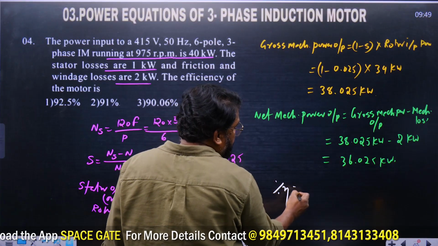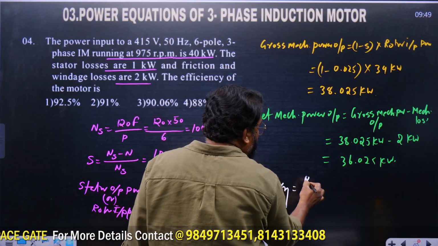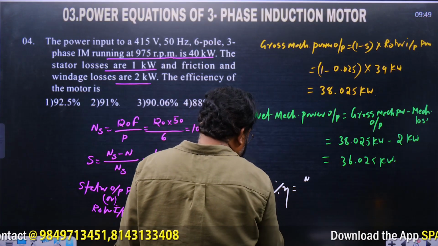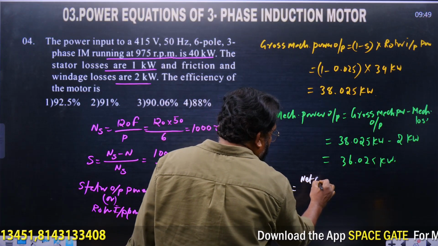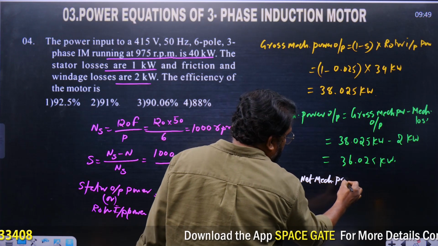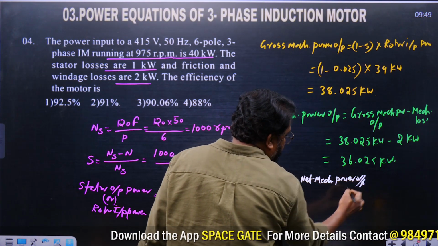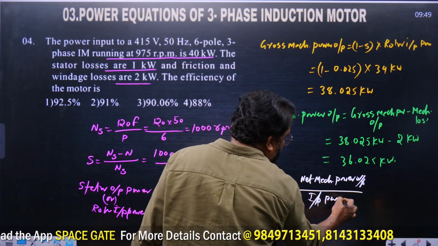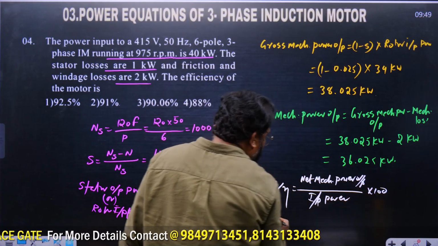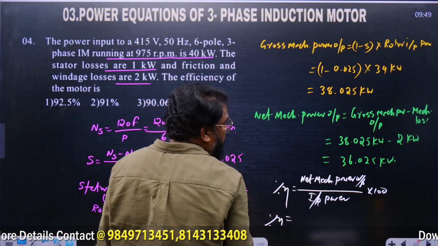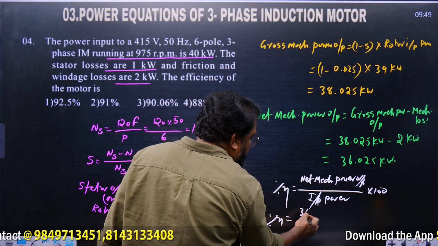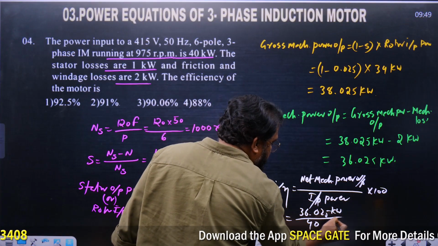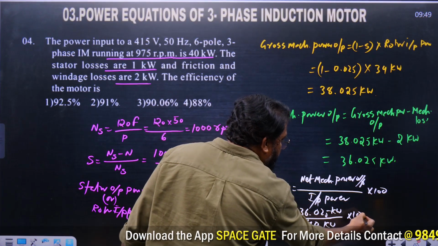After getting this, we can find the efficiency. Percentage efficiency is equal to the net mechanical power output of the motor divided by the input power of the motor, multiplied by 100. So 36.025 divided by 40 kilowatts, multiplied by 100.